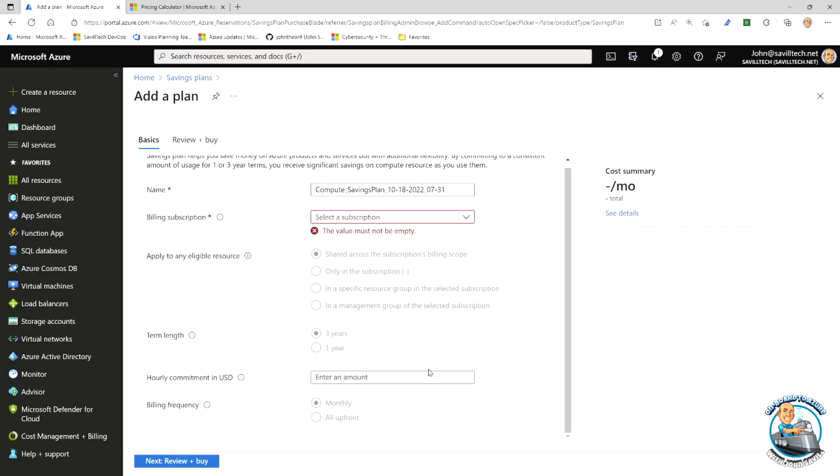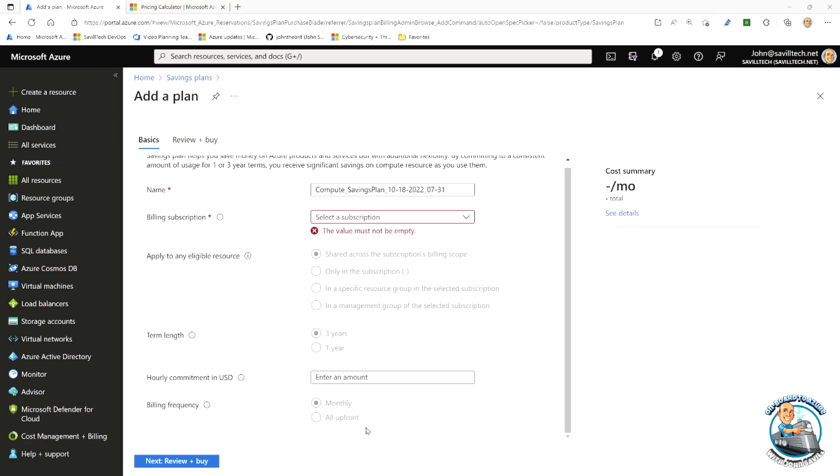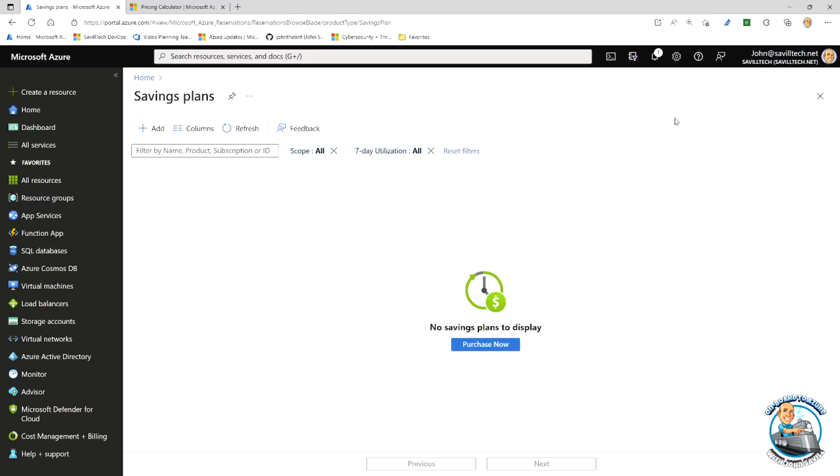I am not picking a service. I am not picking a region. This is all the regions. This is all of the included compute services. And for the billing, it can just bill you monthly, or you can pay it up front. It's not asking for any other detail because there isn't any other detail.